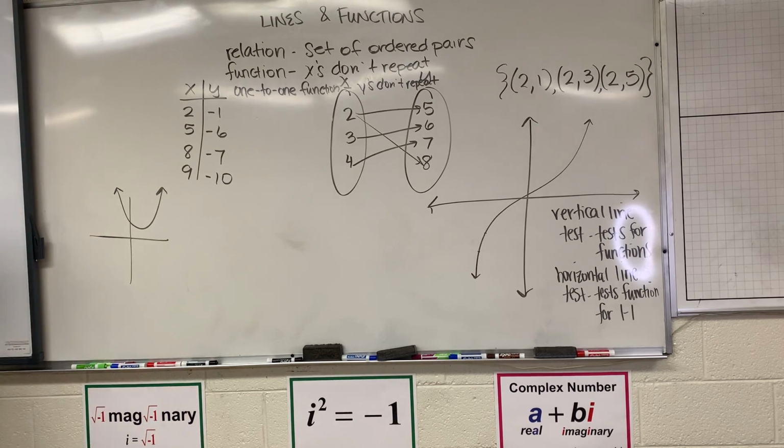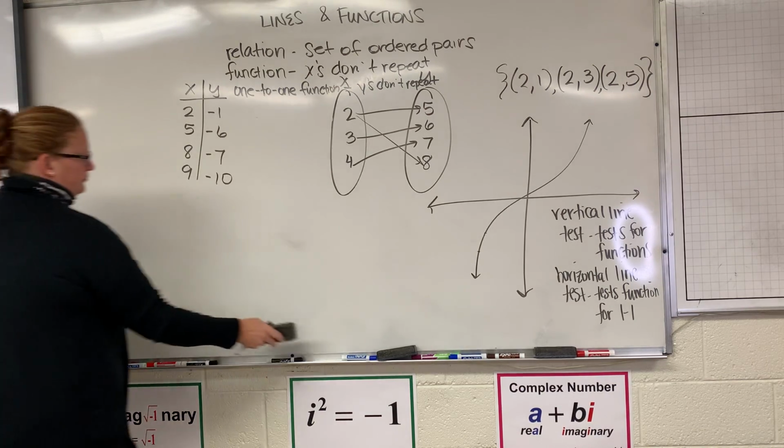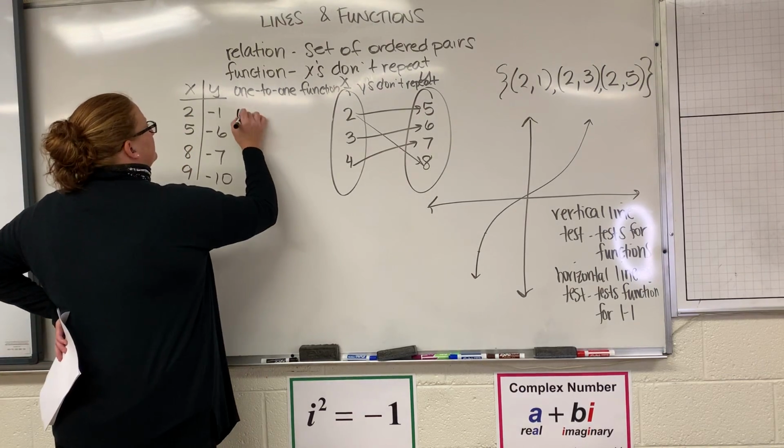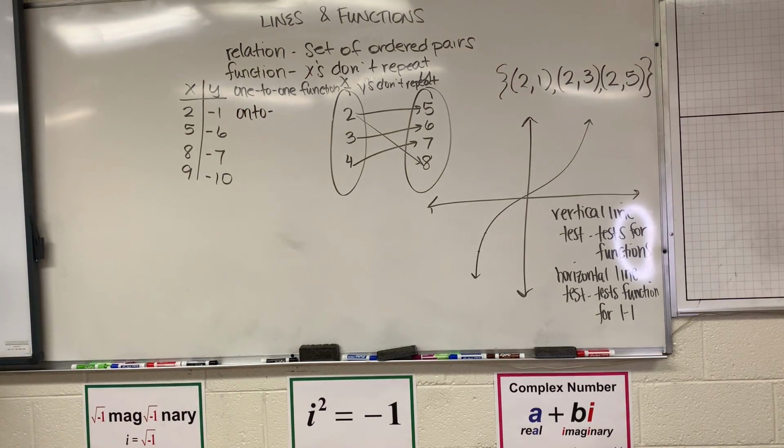Okay, and you've got one more vocabulary word. For me, it was a little hard to grasp, but it's onto. So when something is onto, it means it's a relation, it's a function, it's one-to-one.